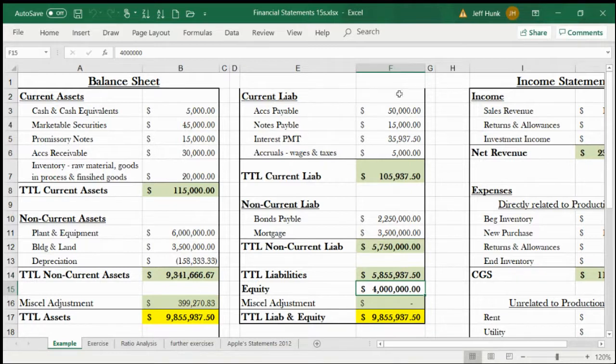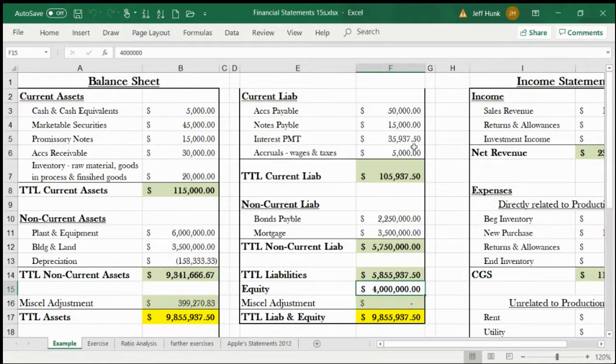In other words, these are payment obligations that mature within 1 year. So payment obligations mean some of them are accounts payable, some of them are notes payable, some of them are interest payment, some of them are accrued wages and accrued taxes.